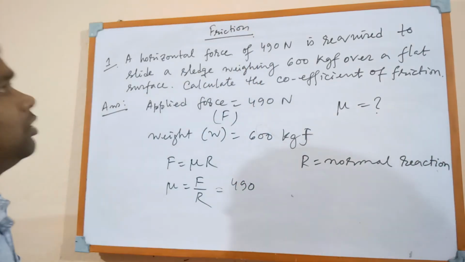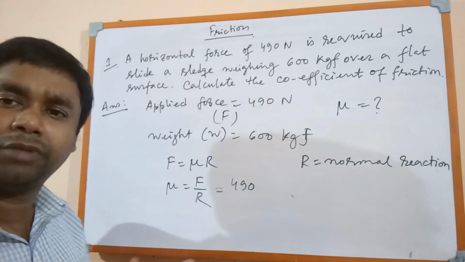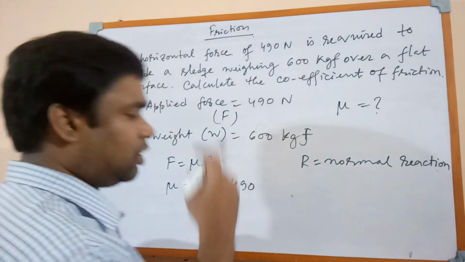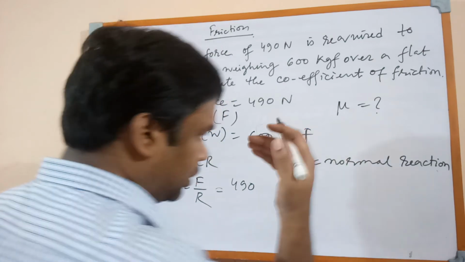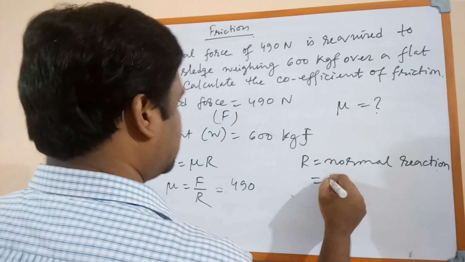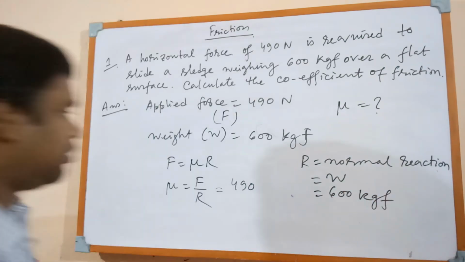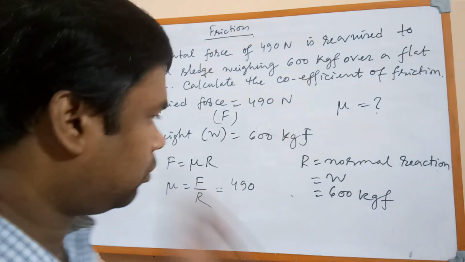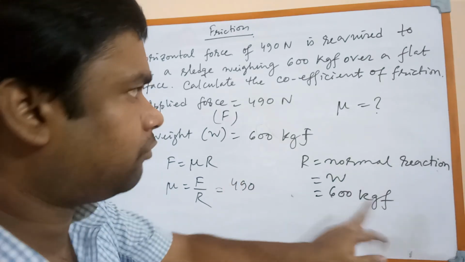R is equal to the weight of the sledge, and obviously the direction of the normal reaction is opposite to the direction of the weight, with equal value. So R, the normal reaction, is equal to W, that is 600 kgf. Since the frictional force is taken in the unit of Newton, we have to take R in terms of Newton.